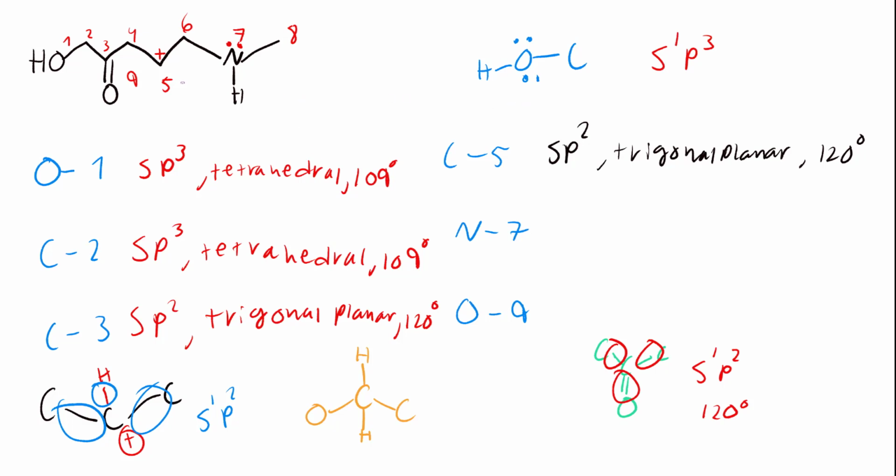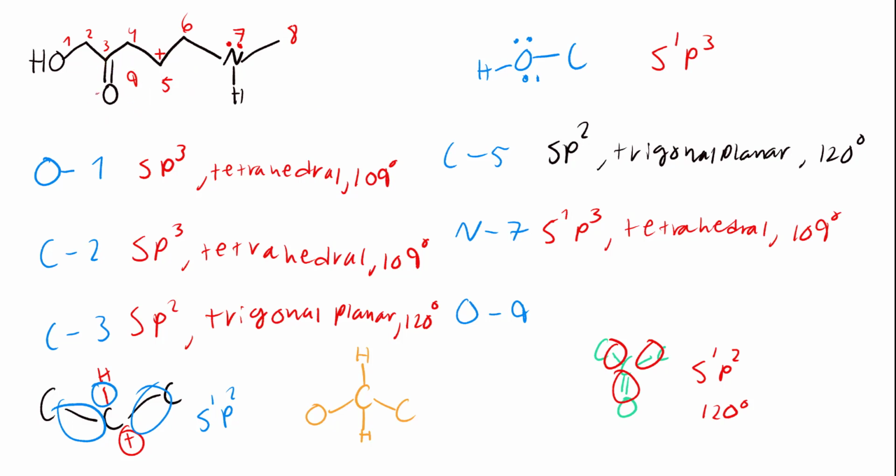So let's count the houses now. We have 1 house, 2 houses, 3 houses, 4 houses. Since we have 4 houses, we have 4 orbitals. So that is a S1, P3. 1 plus 3 is 4, right? So that's tetrahedral, 109 degrees.